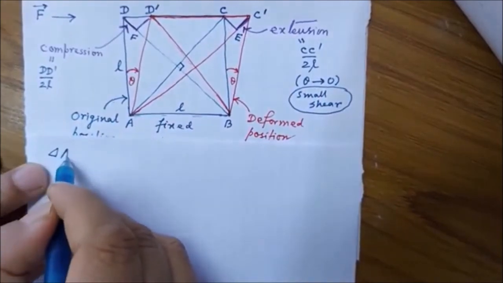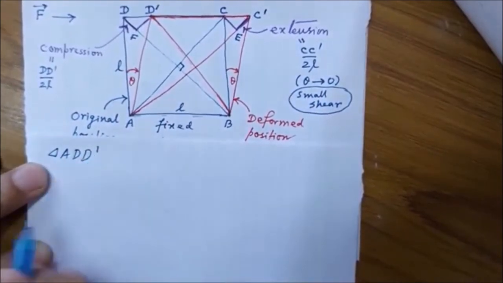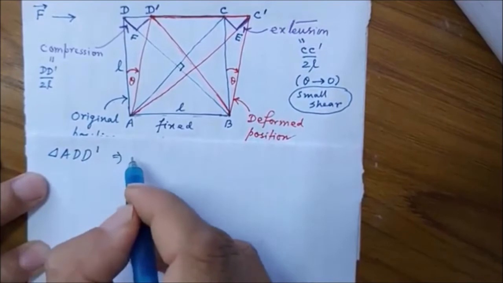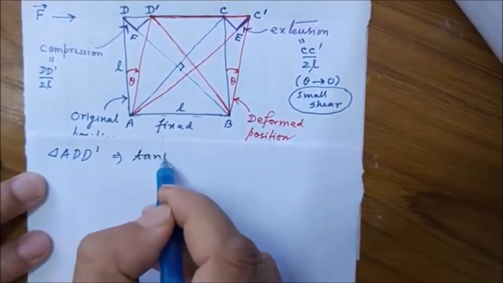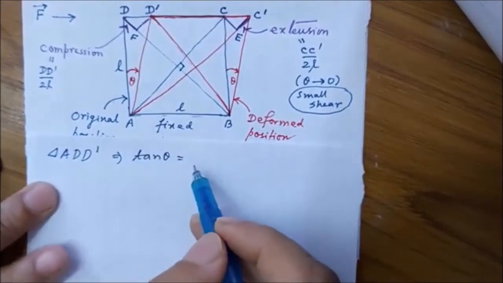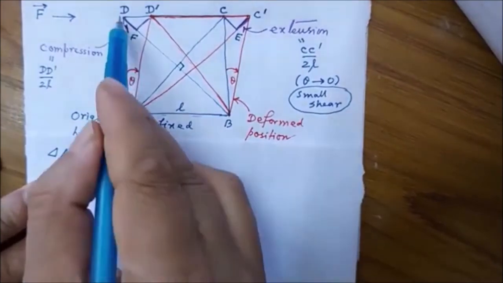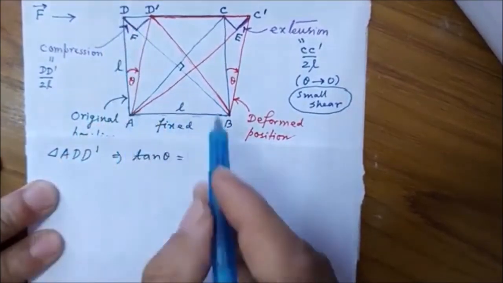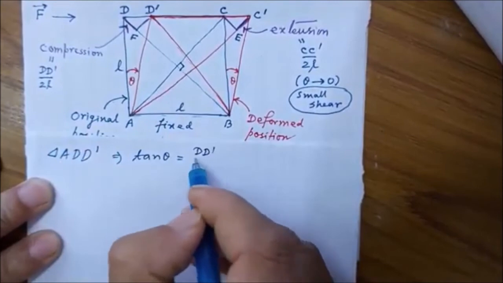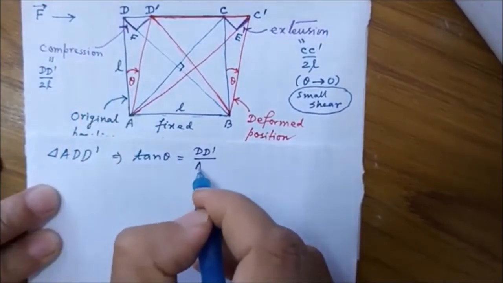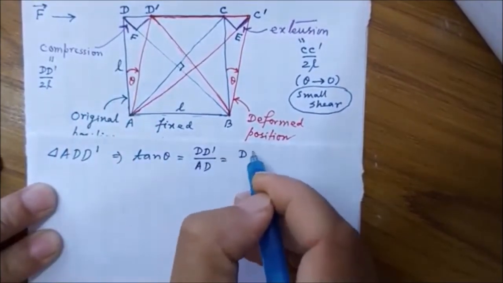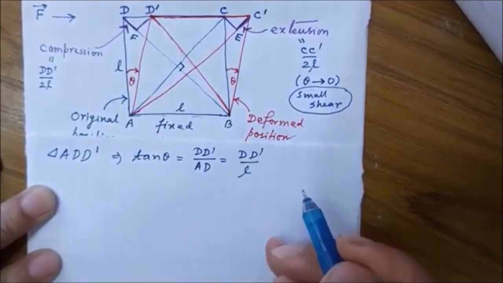So from triangle ADD prime, let us find the value of tan of theta, and tan theta as per definition is perpendicular by base. So it is DD prime by base is AD, which is equal to L. So it is DD prime by L.